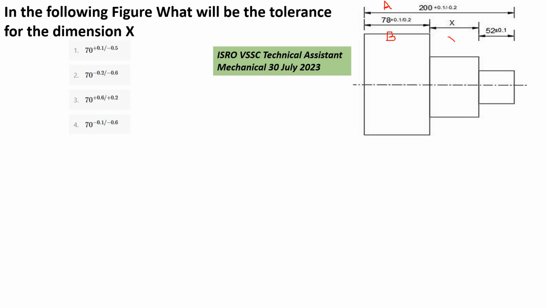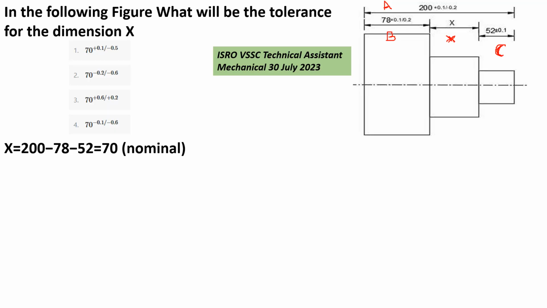The second component, we have to determine its dimension and its tolerance zone. Let's consider the third component as capital C. Its length is given as 52, and the tolerance zone is plus 0.1 minus 0.1. Okay, let's see the solution.